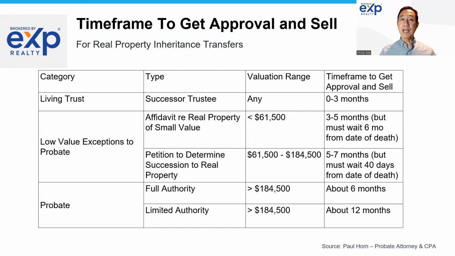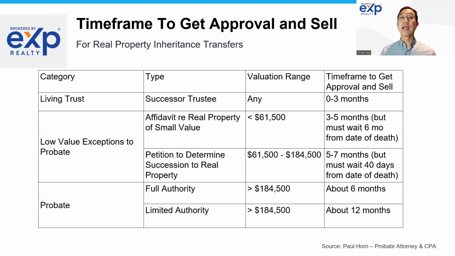The second subcategory of low value exceptions to probate is where the value of the property is between $61,500 to $184,500. Again, these numbers apply in June of 2024, but they probably will go up in the future.